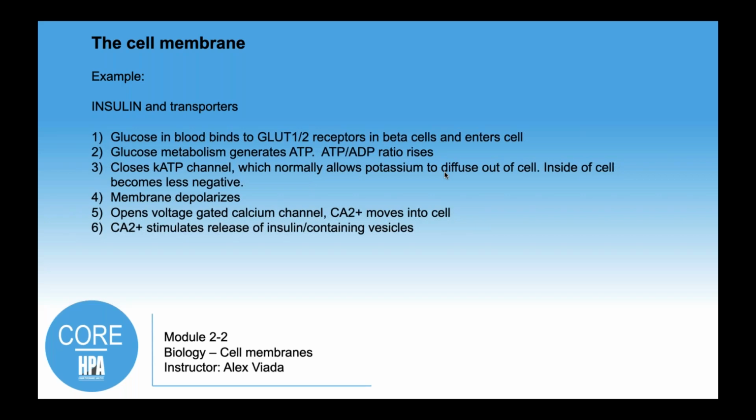Now, that ATP ratio, as it rises, closes a potassium channel. Now, remember how a lot of channels are, like I said, basically open most of the time and just allow small molecules like potassium to flow in and out? They can also close. ATP binds to the inside of this channel and shuts it down.